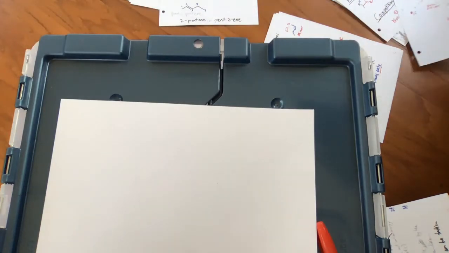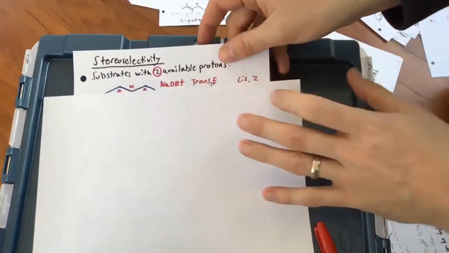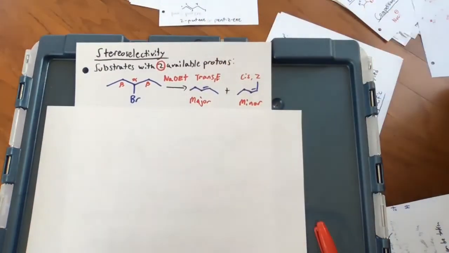There's another type of selectivity we can have called stereoselectivity. And this selectivity occurs by making different stereoisomers of a compound depending on the reaction conditions you're using. For instance, take this alkyl bromide.